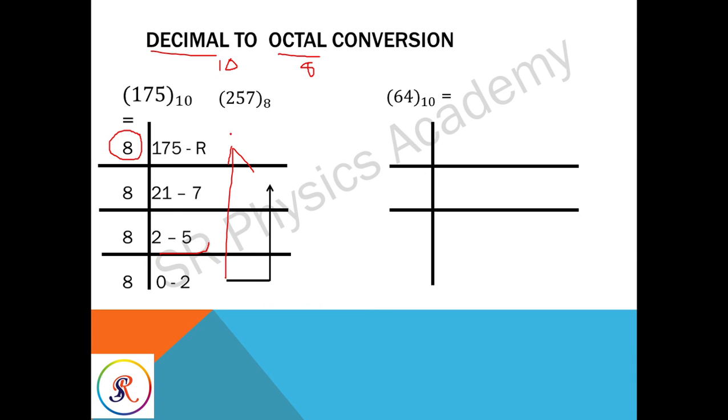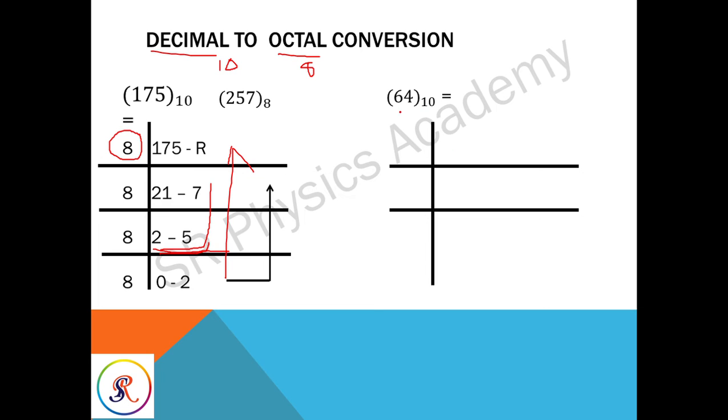If you are getting it, it is easy to write, and we can stop it here only, no problem. So the answer is, we know that because 2 is a small number, the factor we are dividing by is 8, so we can write it 2 5 7. It's clear now? Let's take one more example, 64.